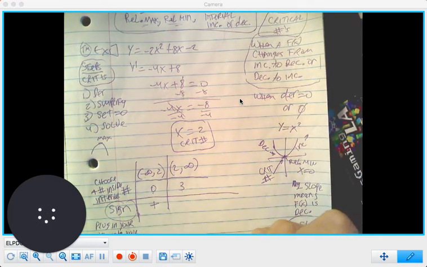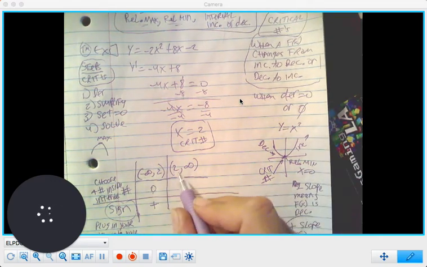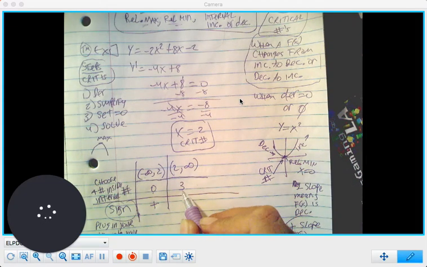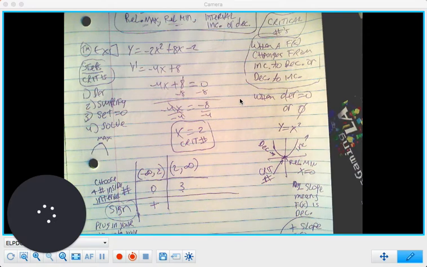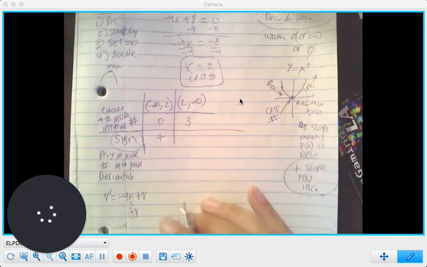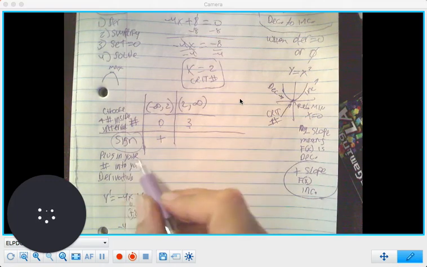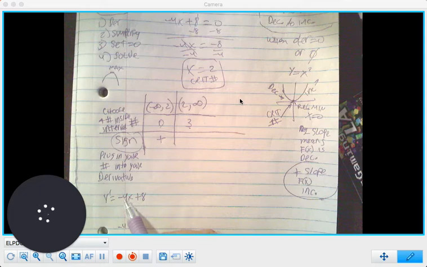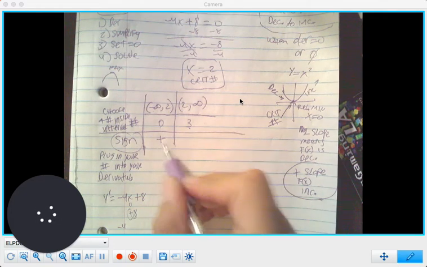Then I'm going to choose a number between 2 and infinity. We already have it, which is 3, so I'm going to plug it in here. So negative 4, can you guys see? My bad. So plug in your number. I plugged in 0. Negative 4 times 0 gives you 0, so you get positive 8. I don't care about the 8, I care about the positive, so I put the positive here.